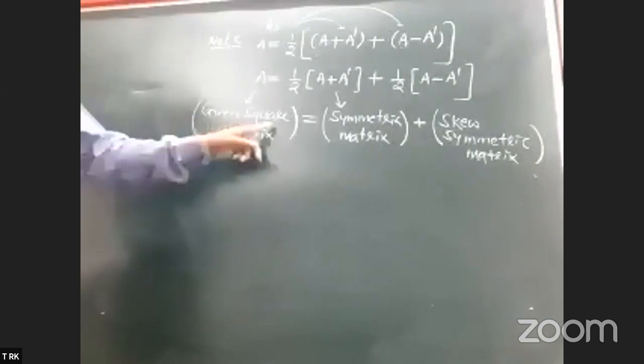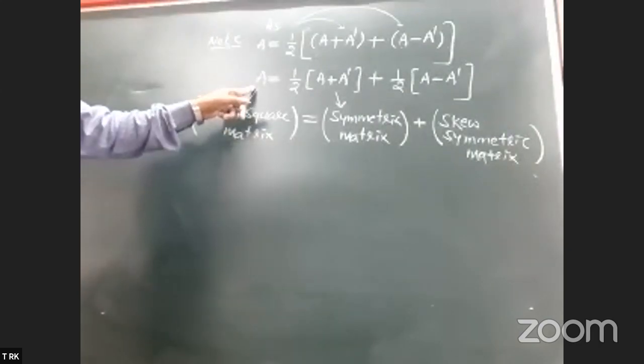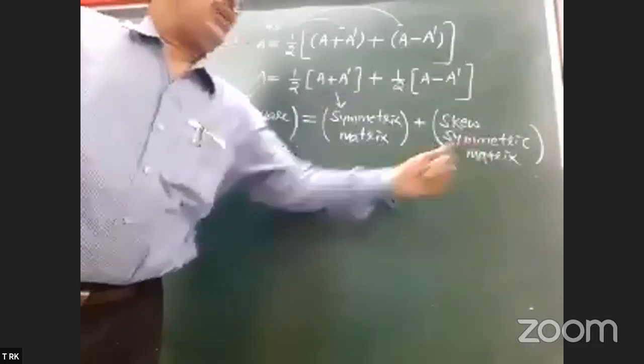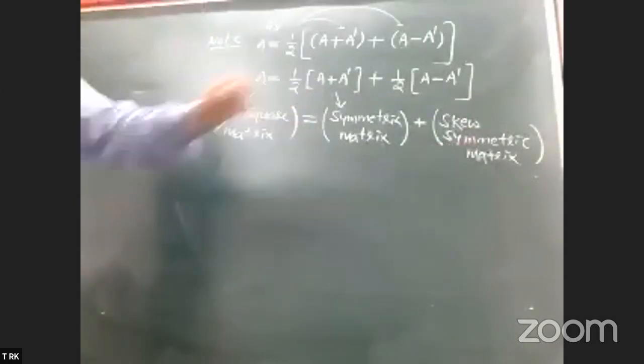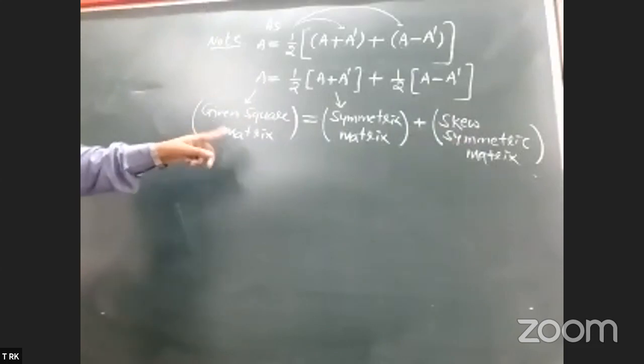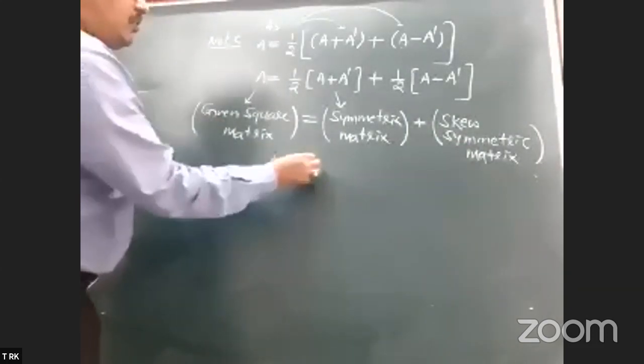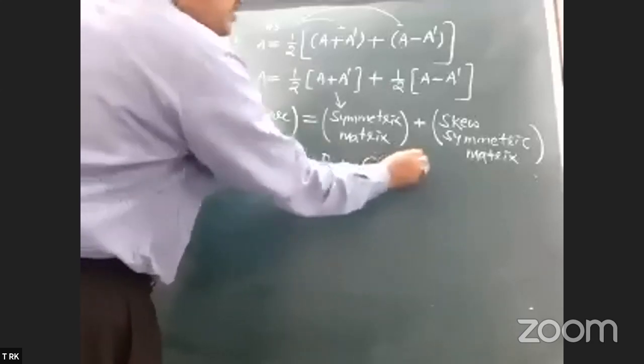So given square matrix A can be expressed as sum of the symmetric and a skew symmetric matrix in this way. Given matrix, so the A is equal to B plus C type.